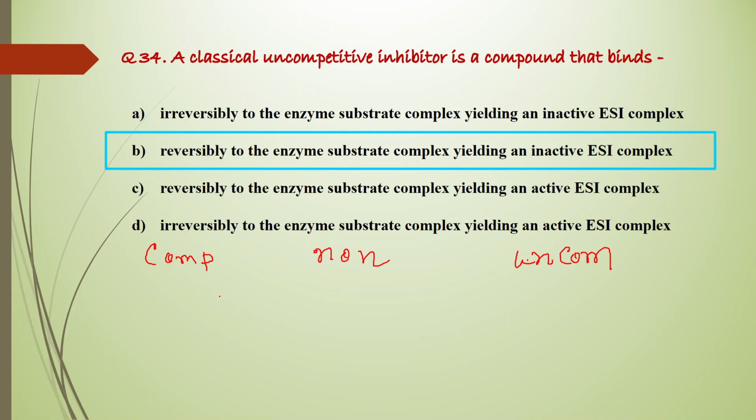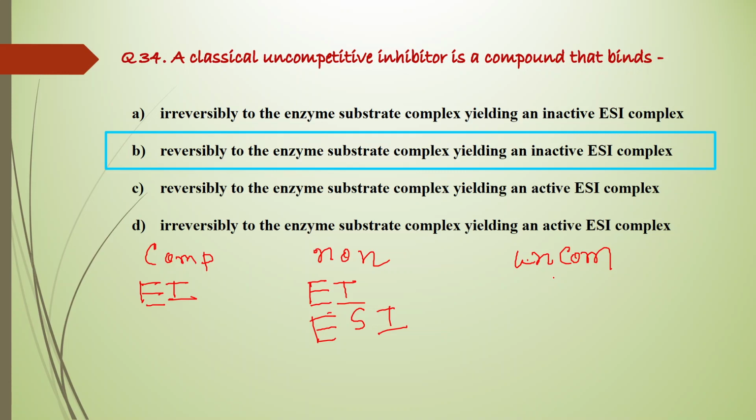So for the competitive one, we already know the inhibitor forms the EI complex only. Fine. For non-competitive ones, the inhibitor can form both EI and ESI. But the uncompetitive one, it only binds after the substrate is already bound to the enzyme.